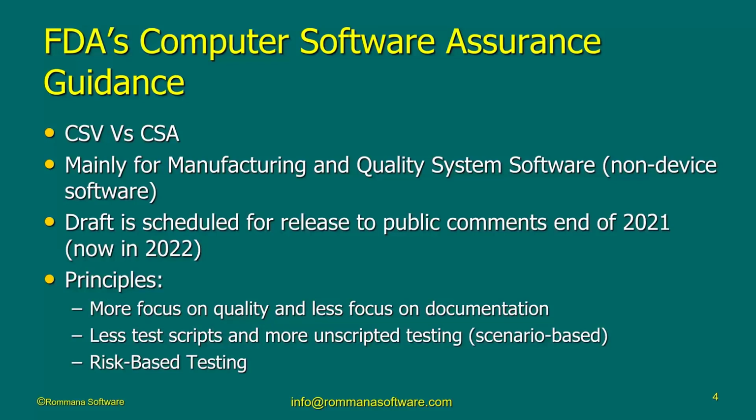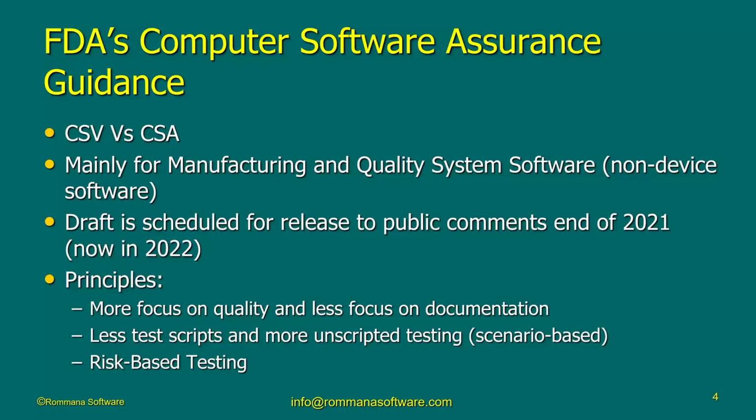The reason is that FDA found out that the CSV processes take so much time, and people normally focus on documentation, and companies are so worried about the auditing process, and that's what they focus on, without focusing on the real quality or the real testing.